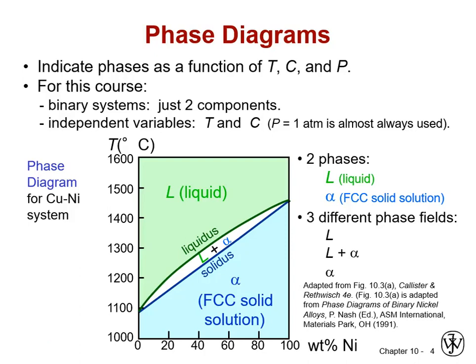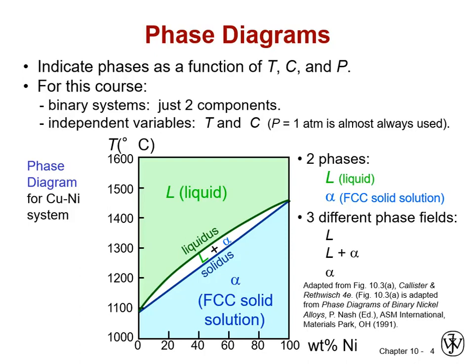Now we can get a liquid phase if we raise the temperature. If we have pure copper, we're going to get a liquid starting at probably right around 1100 C based on what I'm seeing on the diagram, and at about somewhere between 1400 and 1450 degrees C if we have pure nickel.